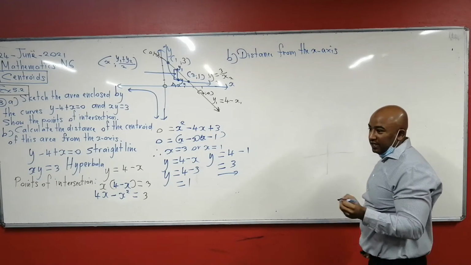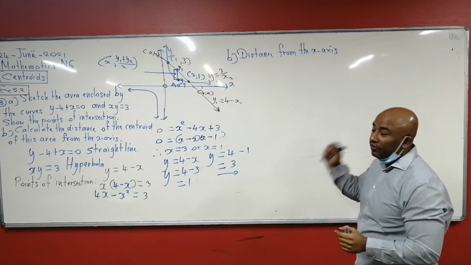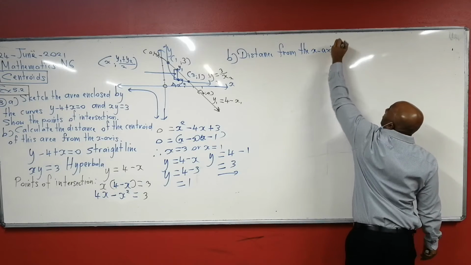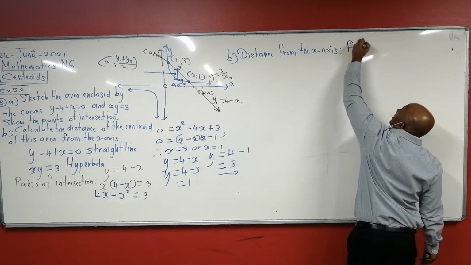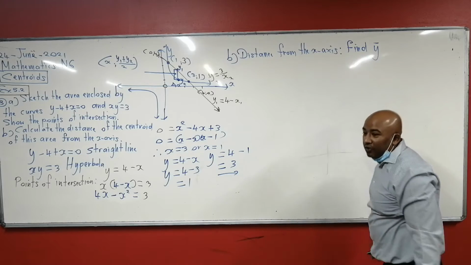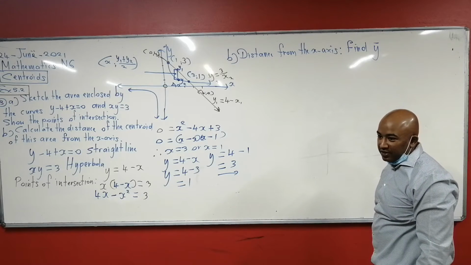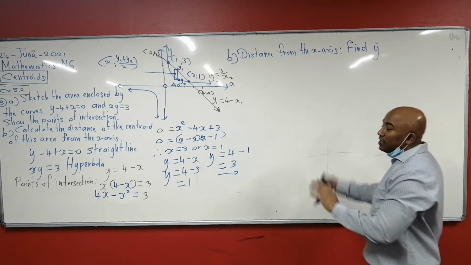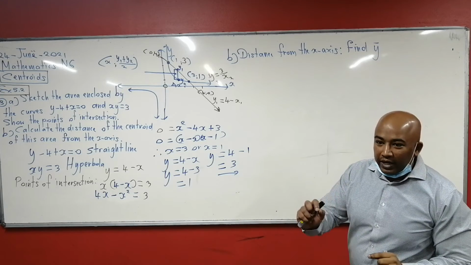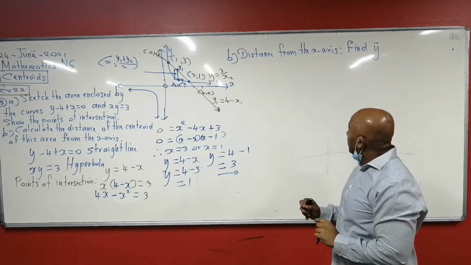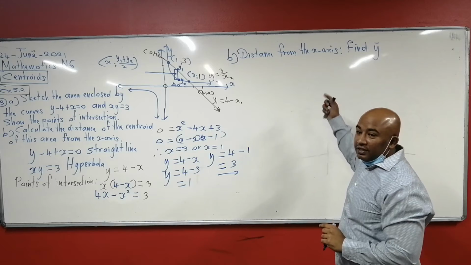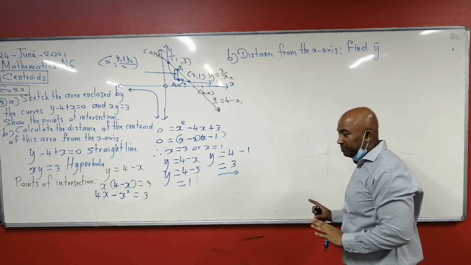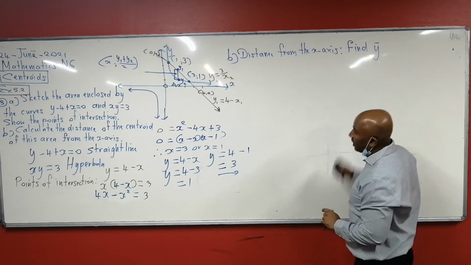You must understand that if you ask the distance from the x-axis, that means find the y coordinate of the centroid. Right, so be careful. If it says distance from the y-axis, then you are finding x. Right, so now we know we are finding y.